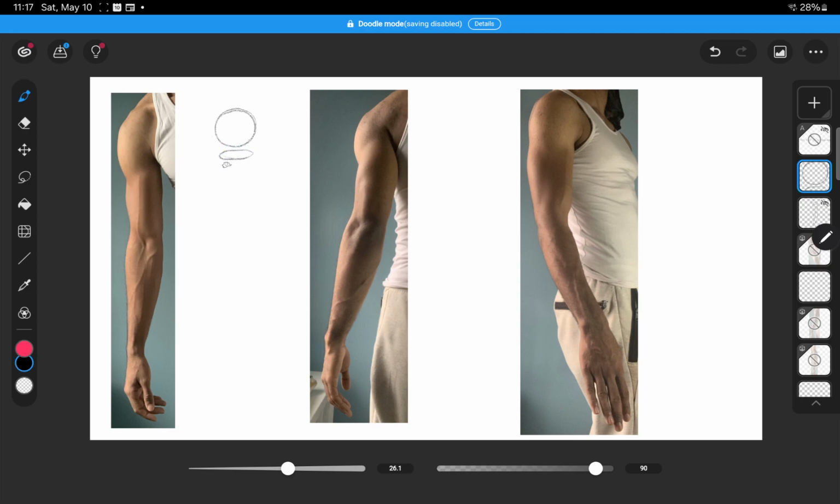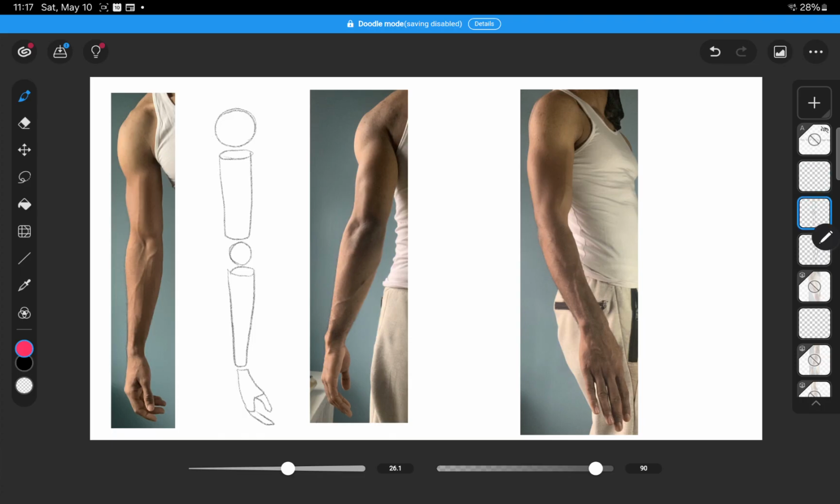And while I understand the basic reasoning behind it, it tends to fall flat in terms of anatomy because one, the body is not just circles and cylinders, but two, I feel like it causes a lot of people, especially a lot of beginners, myself included, to make the shoulder too short. Because you're thinking about the mannequin, and then you use that as a guideline to draw over it.